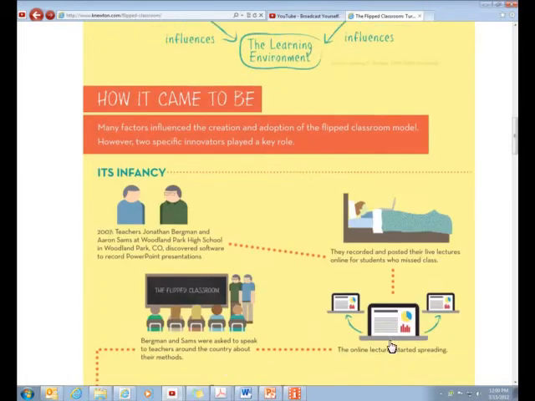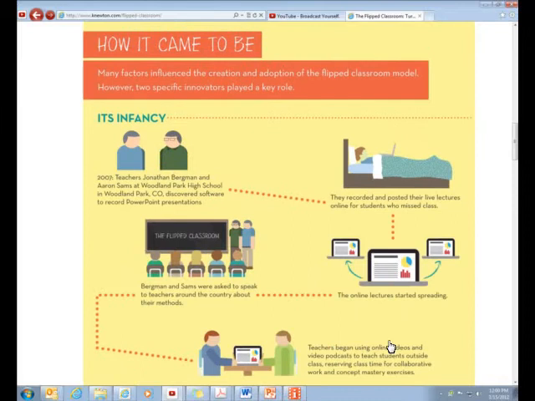How it came to be: there were two instructors in 2007 who decided to start podcasting and recording PowerPoint presentations and broadcasting, or microcasting, those on YouTube and other platforms to children who were sick. They decided that it was so cool and that it had so radically transformed how students were accessing materials that they wanted to discuss it as a potential professional development opportunity, and they talked about it at several conferences.